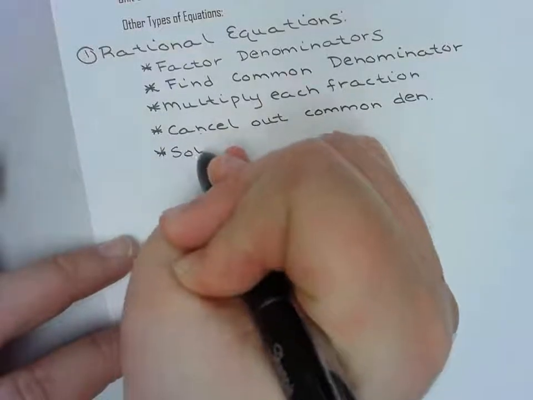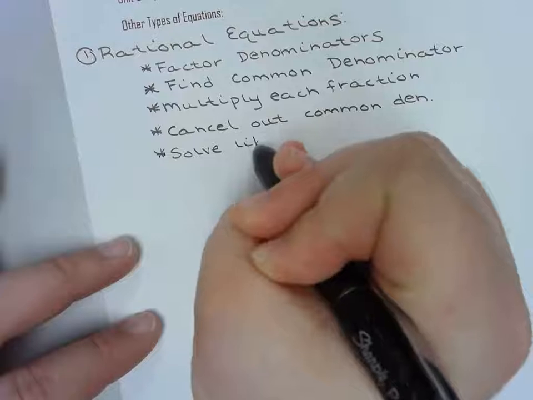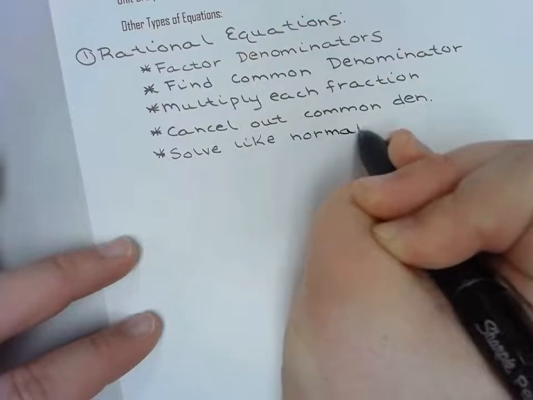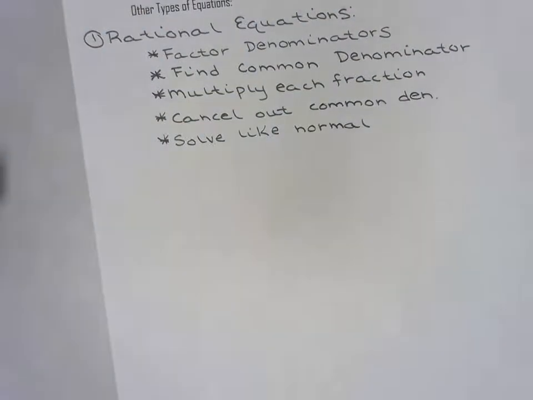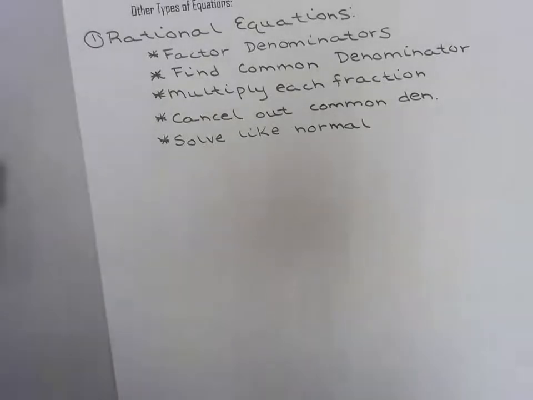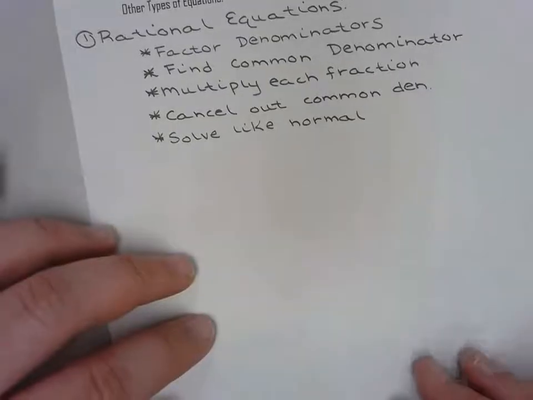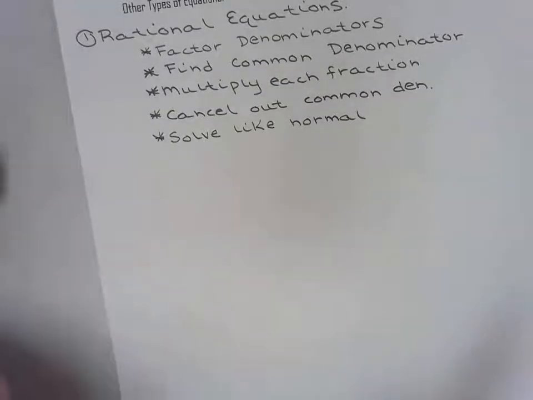And then you're going to solve like normal. Once you cancel out the denominators, you're going to solve the equation like we did on the warm-up. So it's all the same except for the canceling out the denominator part. Once you cancel out the denominator, it turns into a regular thing. Okay, that's why we've practiced on the warm-up.